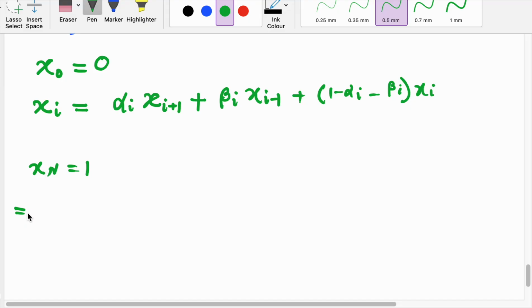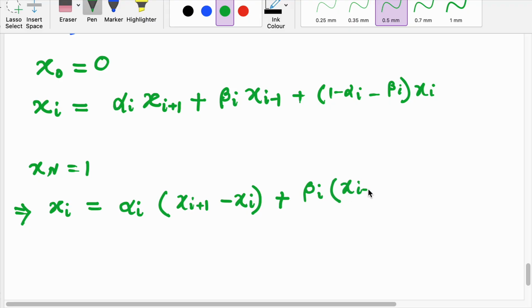Now let's solve it generally. So let us take xi to this side. So xi will be alpha I times xi plus 1 minus xi, plus beta I times xi minus 1 minus xi, plus xi.